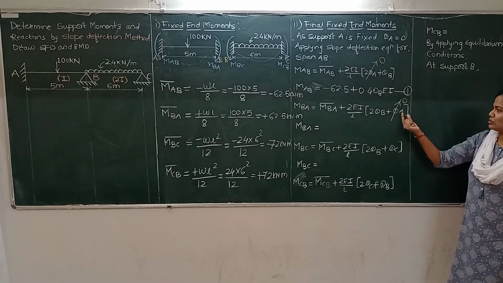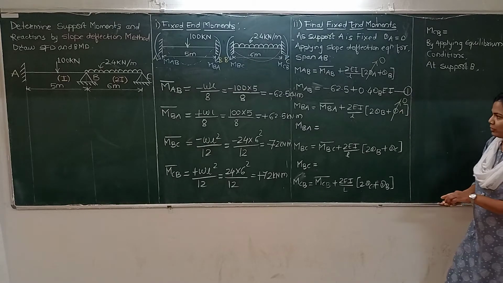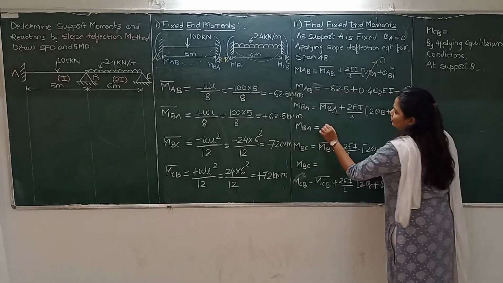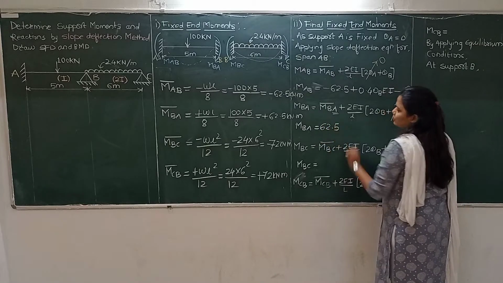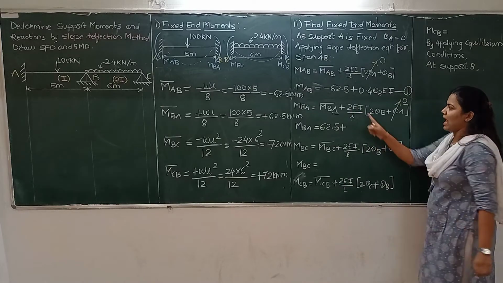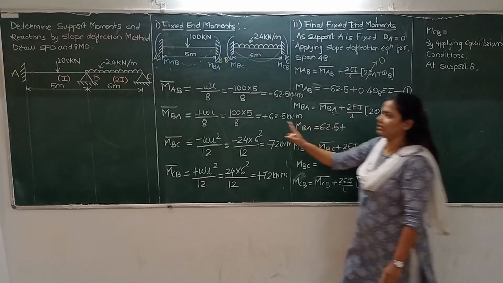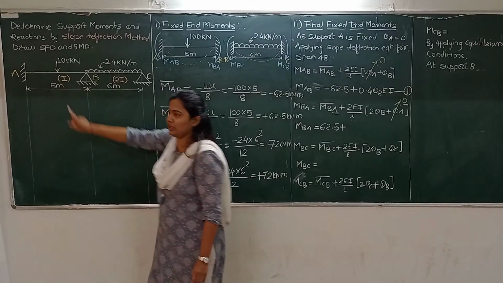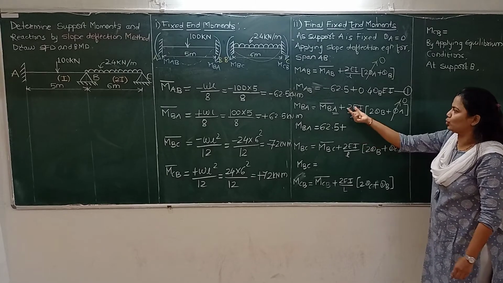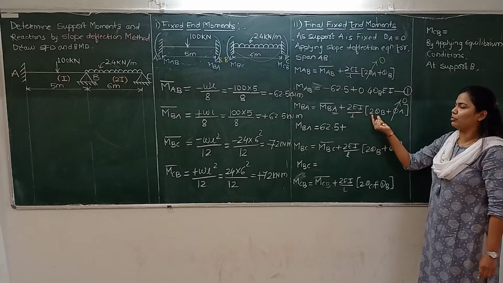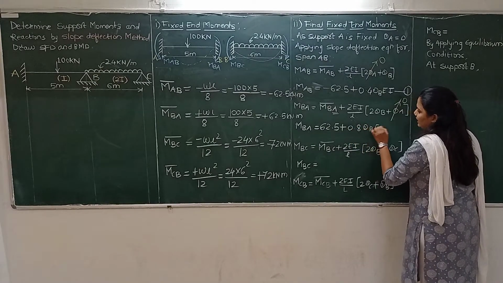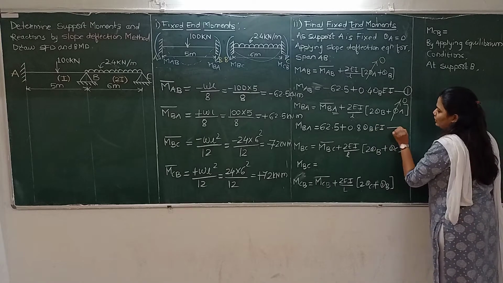By putting the value of the fixed moment MBA bar, which is equal to plus 62.5, in this equation, this is positive 62.5 plus 2EI by L. The moment of inertia for the AB span is given as I, so we put here only I. Length is 5 meters, so 2 by 5 will be 0.4, 0.4 multiplied by 2 becomes 0.8 theta B into EI. That is equation number 2.